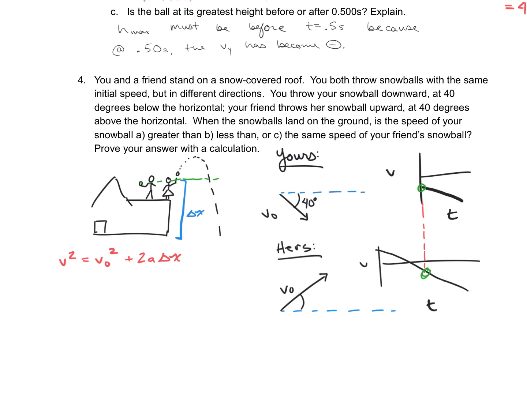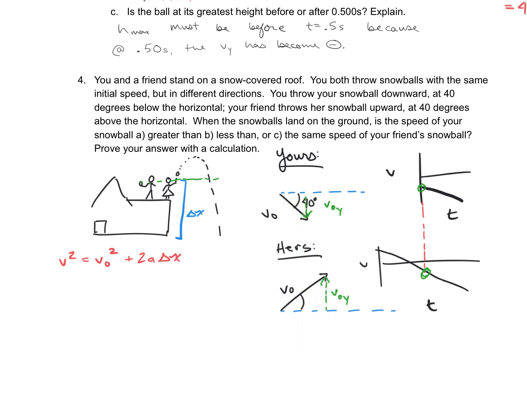I know it's hard to imagine this without any values, but the calculation that is used to illustrate this is that the velocity in the y direction, v naught y, has to be the same because the angle is the same. The angle is both 40 degrees.